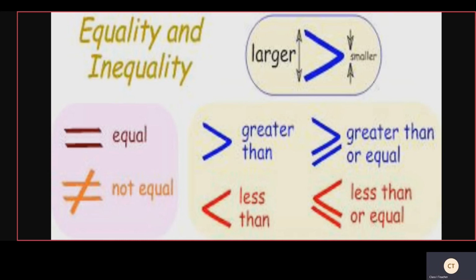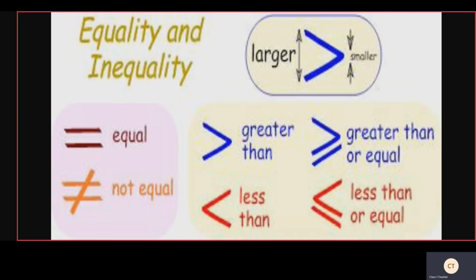Greater than symbol, children. Look here. Here, arrow marks are given. On the larger side, that is greater, and on the smaller side, that is less than. Greater than and less than.